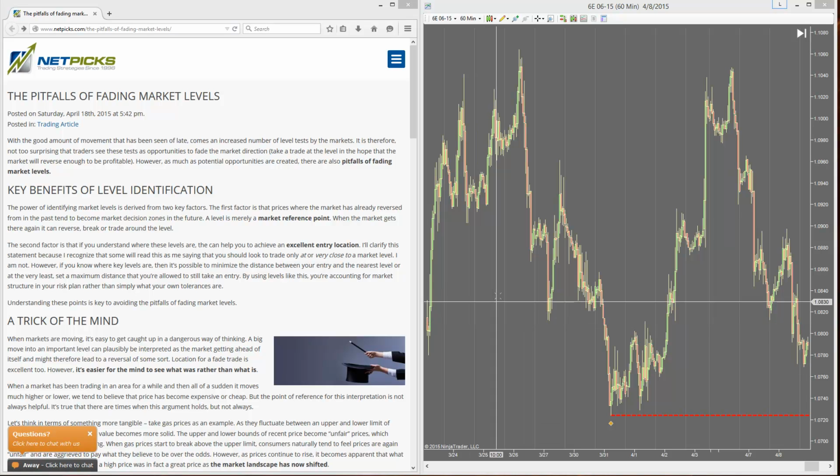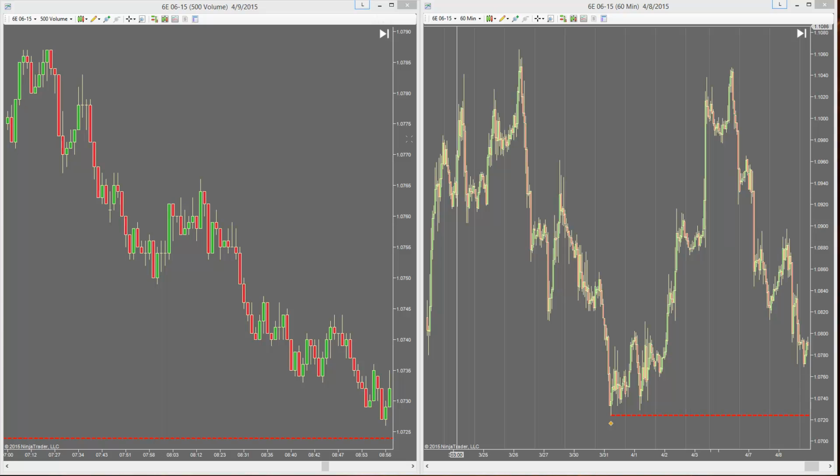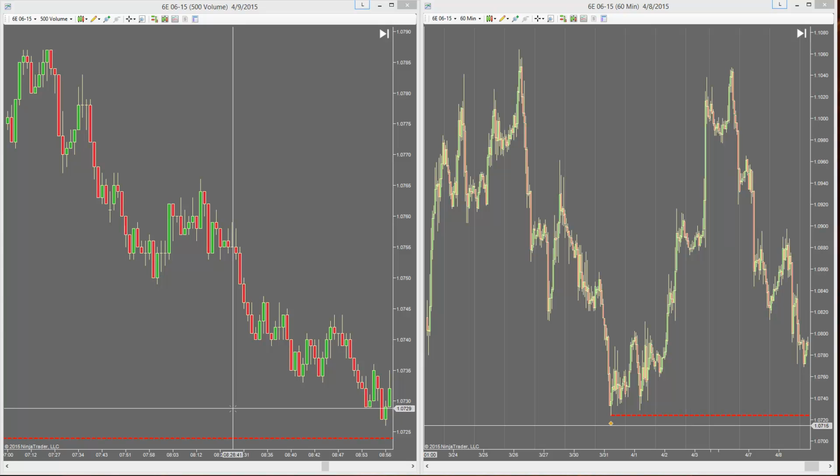So let's go through the example here that I have already up. This is in the Euro futures, June 15. We've got a level here, a swing level, from the 107.24. So I've just drawn a horizontal line here to denote that, and this is on the 500 volume chart.